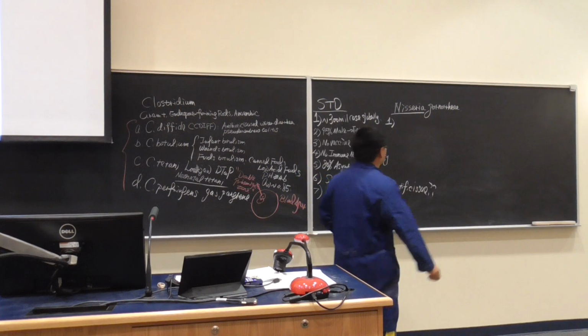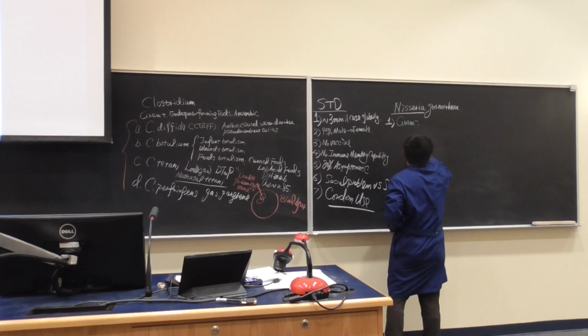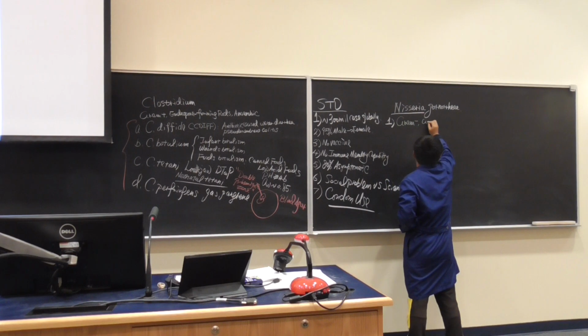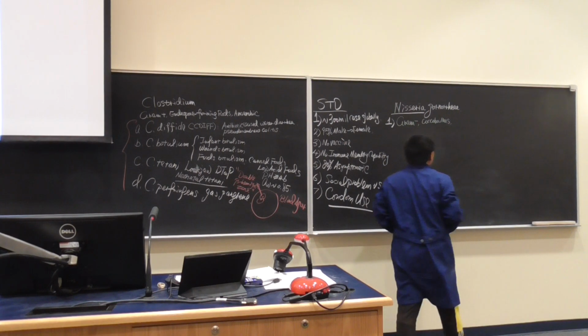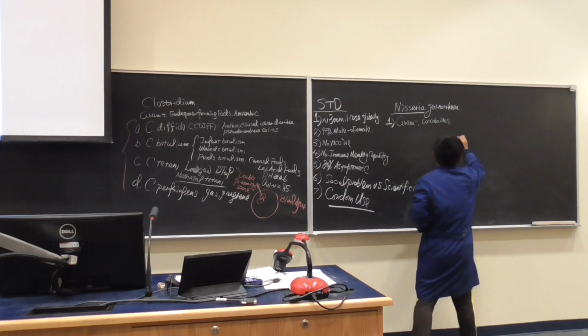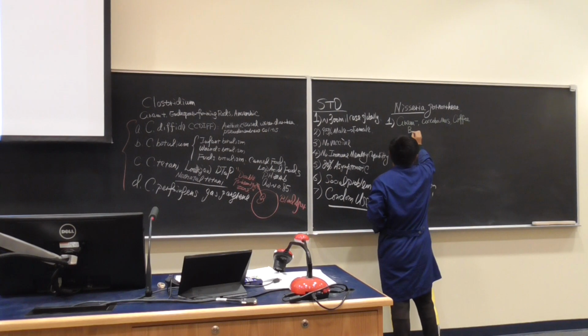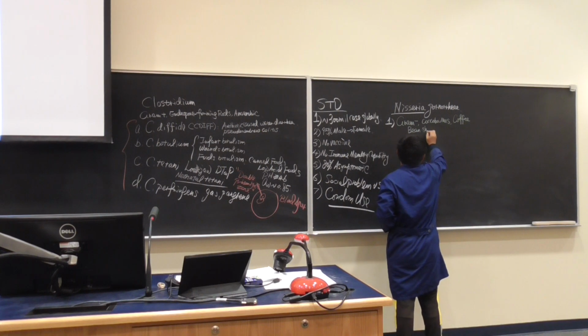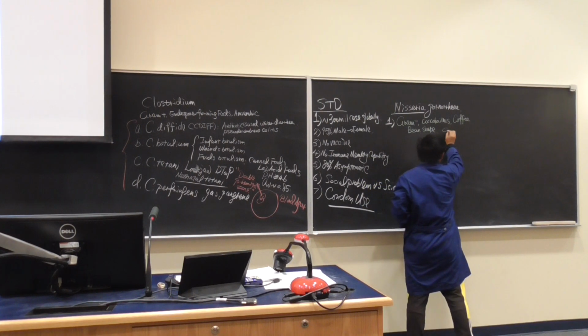So it's the same: gram-negative coccobacillus. What is the morphology and arrangement? Coffee bean shape, which is very typical. It looks like a coffee bean.